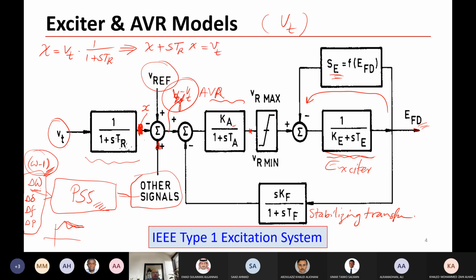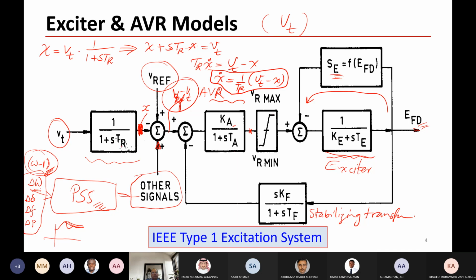So this S X is X dot. So TR X dot equals VT minus X. So you can write X dot equal to 1 over TR multiplied by VT minus X. So this is the differential equation that describes this block here.